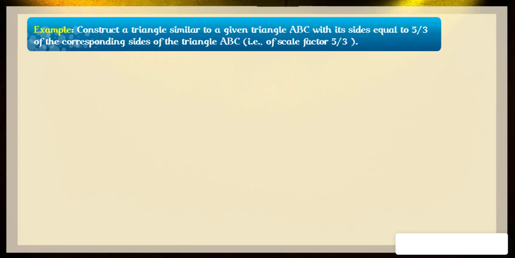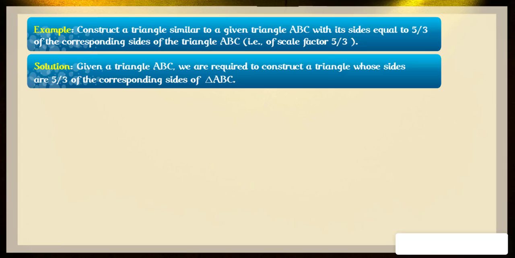Example. Construct a triangle similar to a given triangle ABC with its sides equal to 5 by 3 of the corresponding sides of the triangle ABC, that is, of scale factor 5 by 3. Solution.